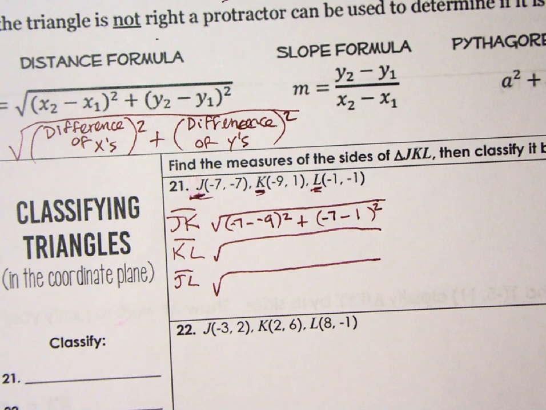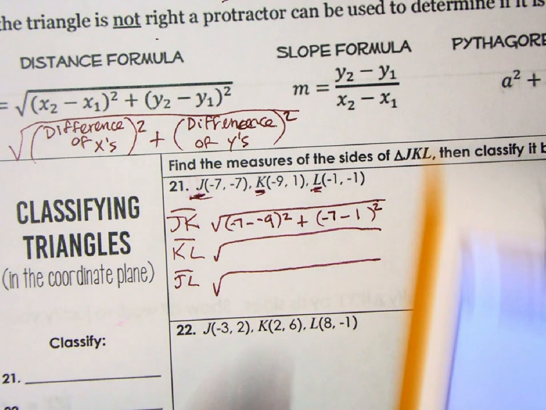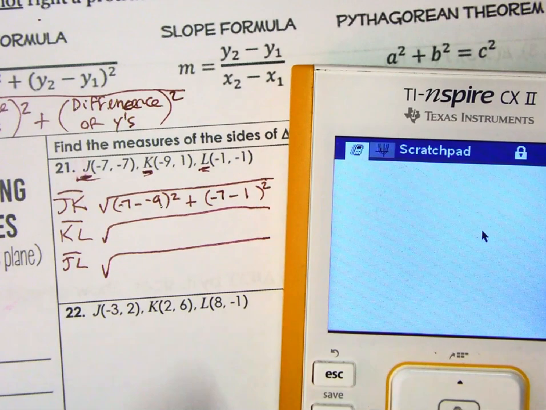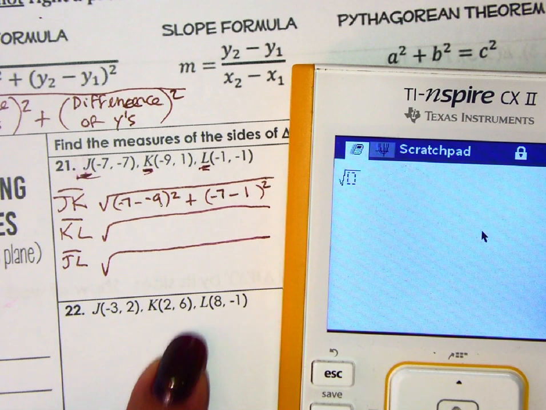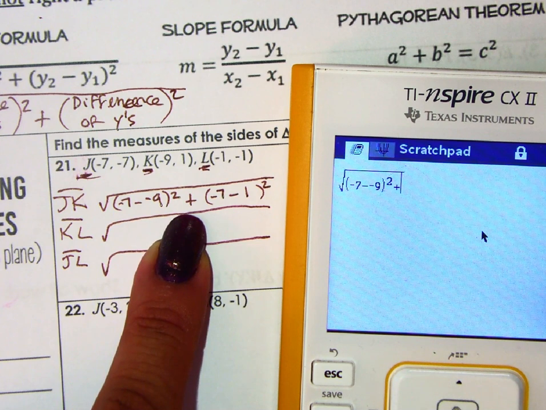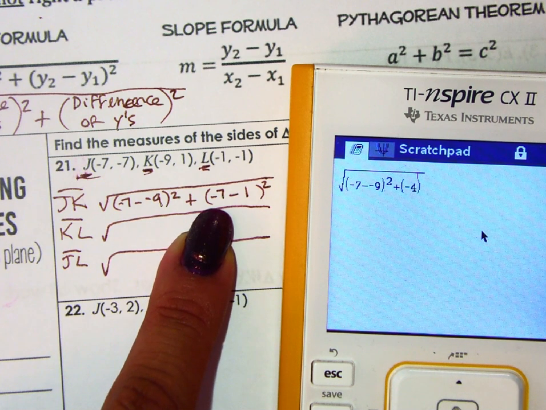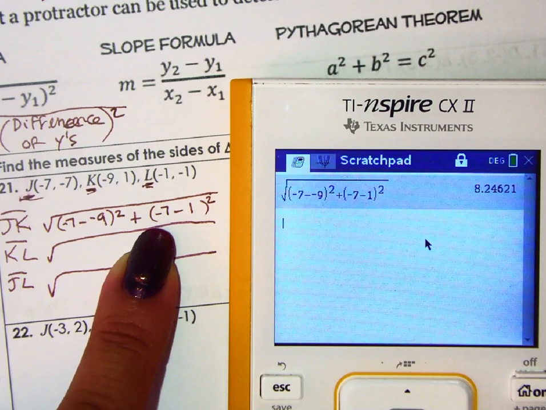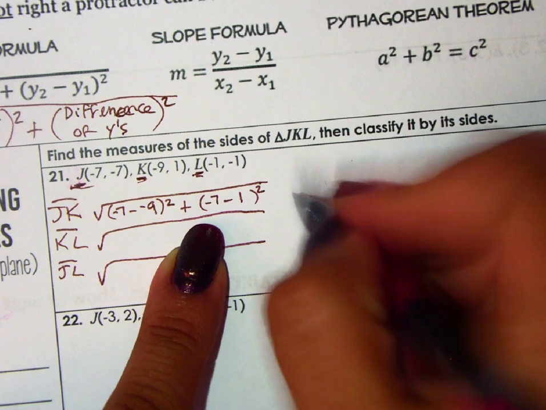So if we type all that into the calculator together, we're going to have the square root of -7 minus -9 squared plus -7 minus 1 squared. So that gives us 8.25, if we round it.